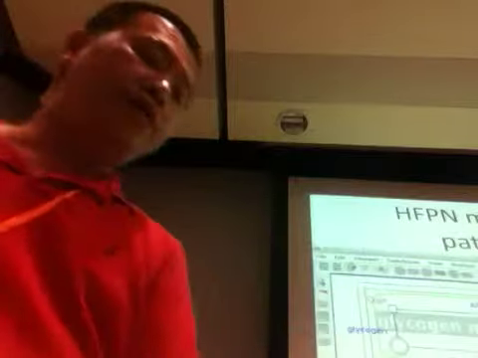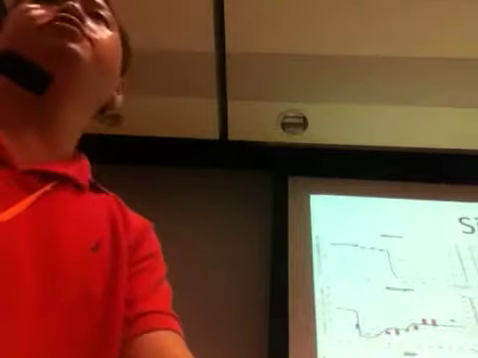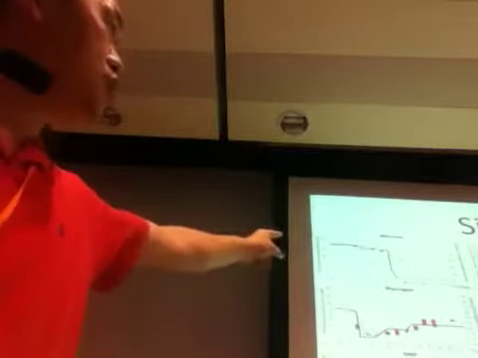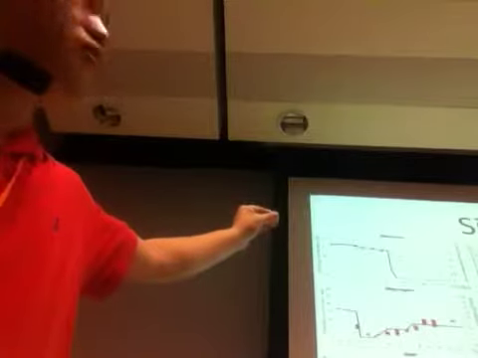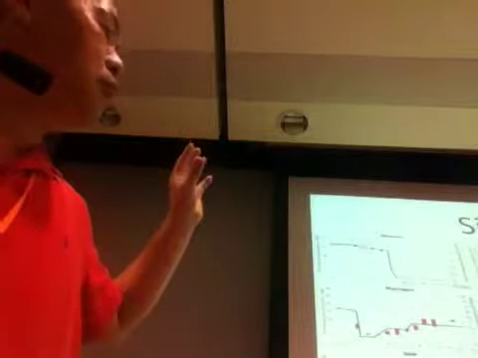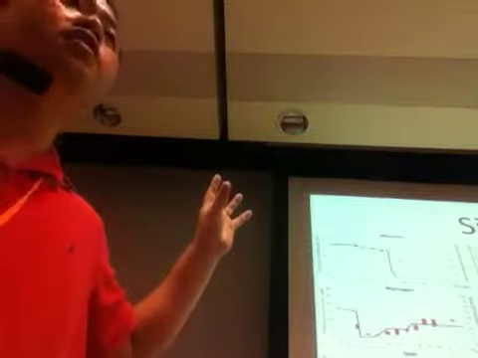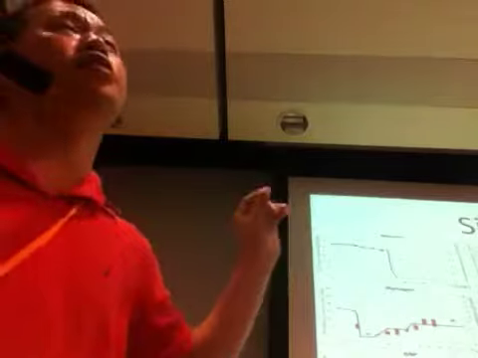We ran these models in Cell Illustrator and got the result. In this result, the red bar is the biological data, and the simulation result is the line. The major metabolite concentrations are matched.